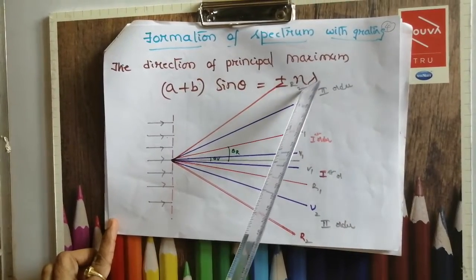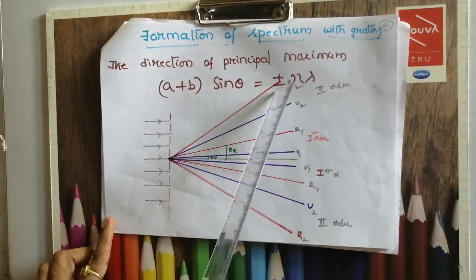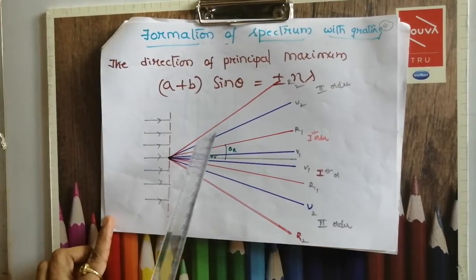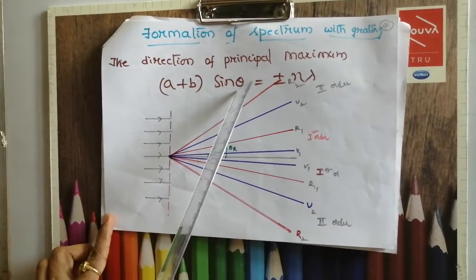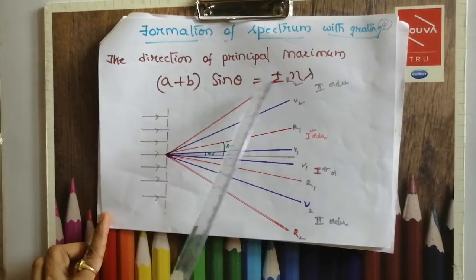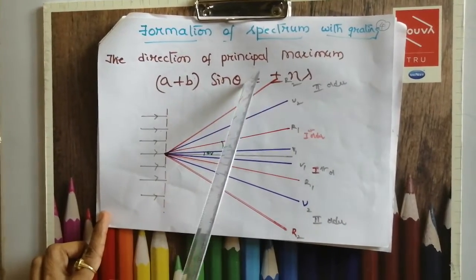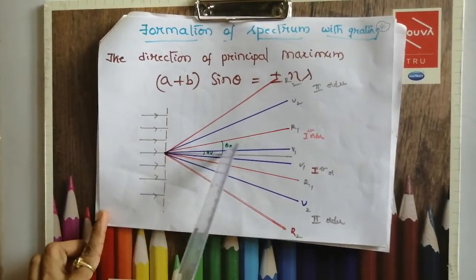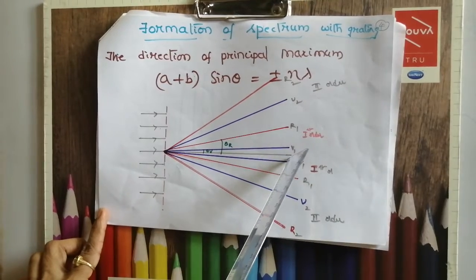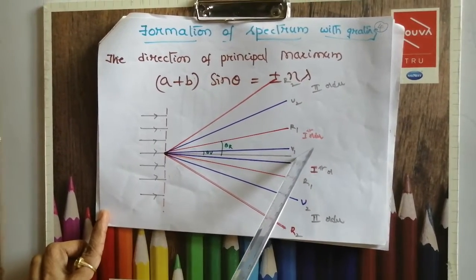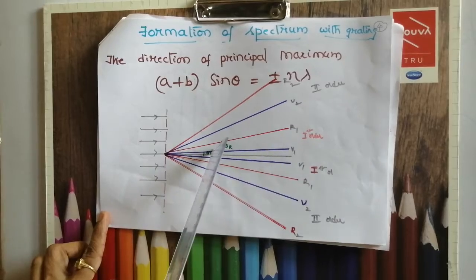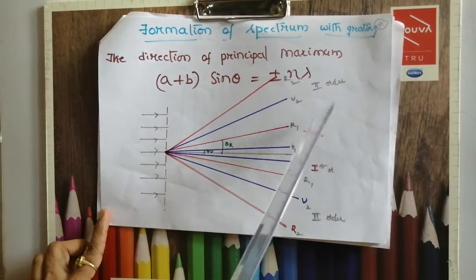Plus indicates right side, minus indicates left side. So suppose if theta equal to 0, then for all lambda we will get n equal to 0. For theta equal to 0, for any lambda it will be 0. So we will get the central principal maximum at theta equal to 0 for all lambda.